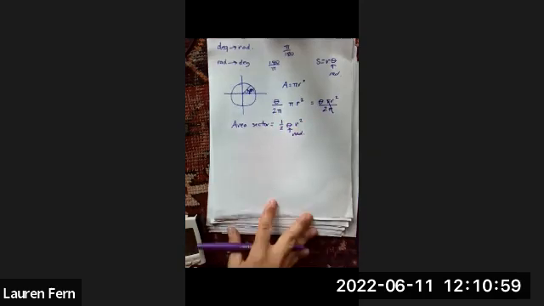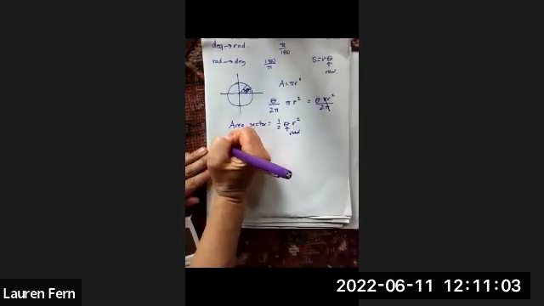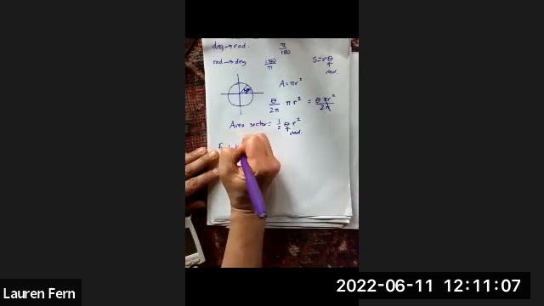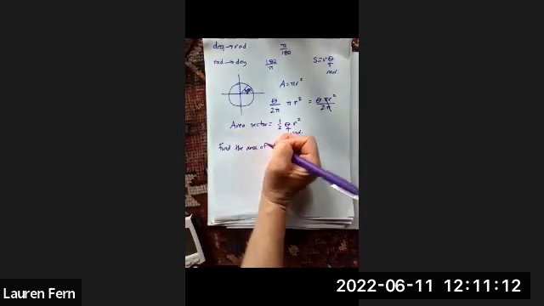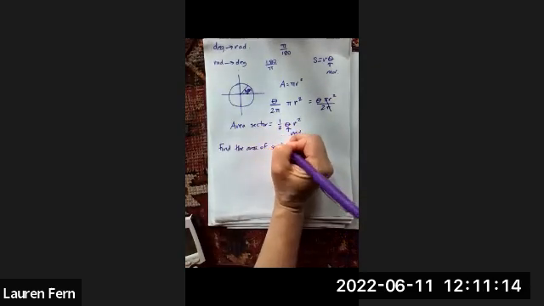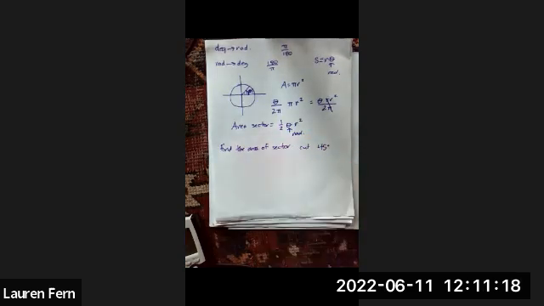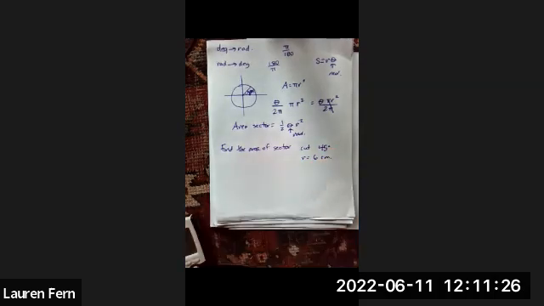So just to practice another example of this, suppose I tell you that we want to find the area of the sector that's cut by an angle of 45 degrees. This is one of our very, very common angles. If the radius is equal to 6 centimeters.